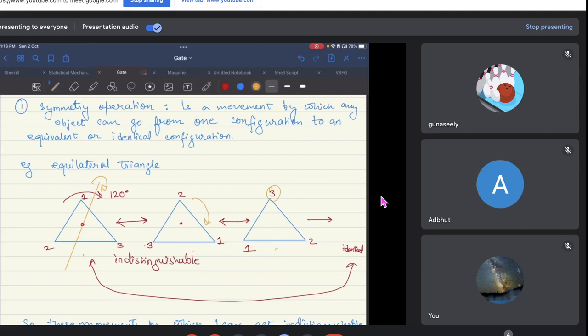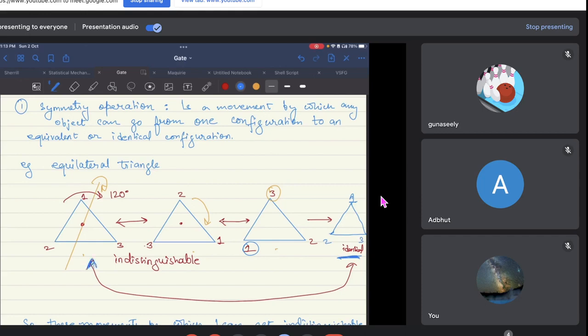But if I am tagging them, you will know that they are not exactly identical to the first structure. In the last rotation, my 1 will go to the position where it was at the start, so it will be 1, 2, and 3. So this will be identical with the first configuration.